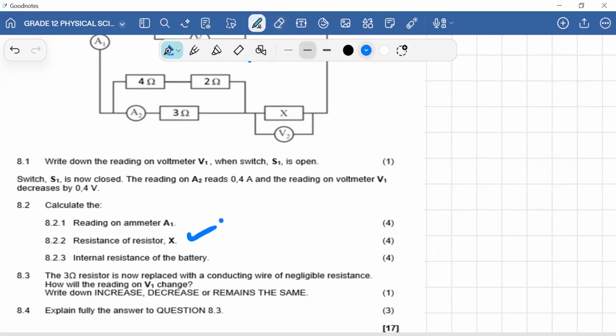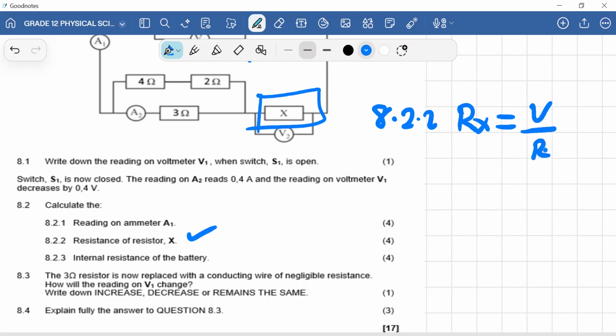we should calculate the resistance of resistor X, this resistance here. So to calculate that resistance, whenever we are calculating resistance, we just have to say the voltage over the current. But now, how do we find the voltage across that resistor?